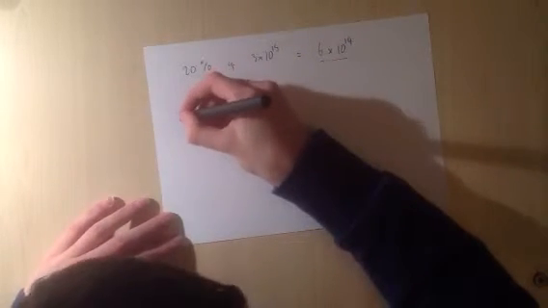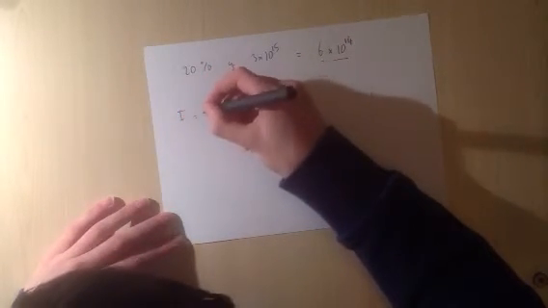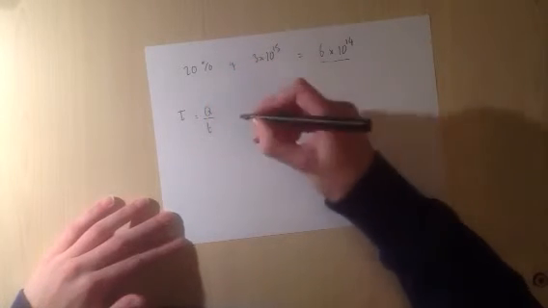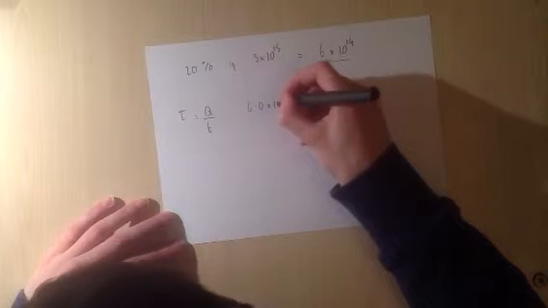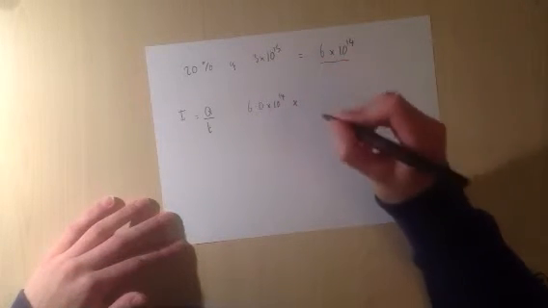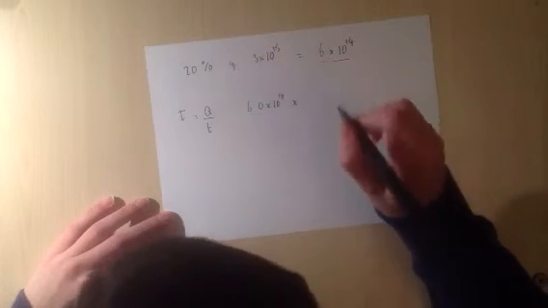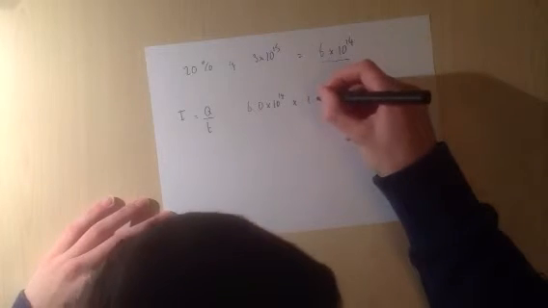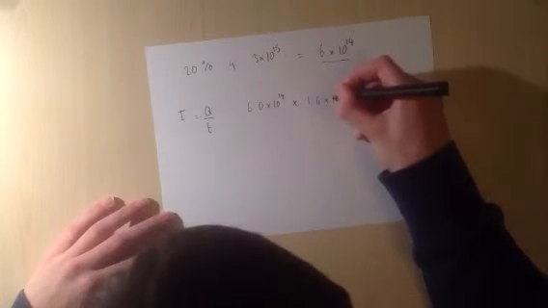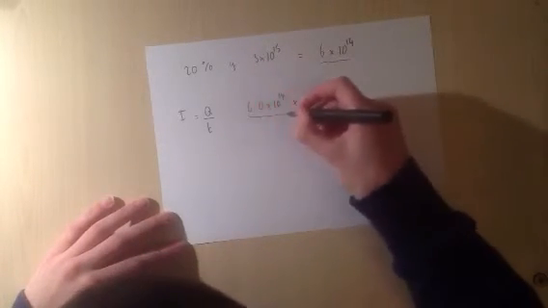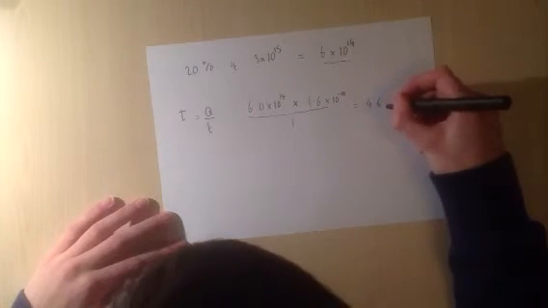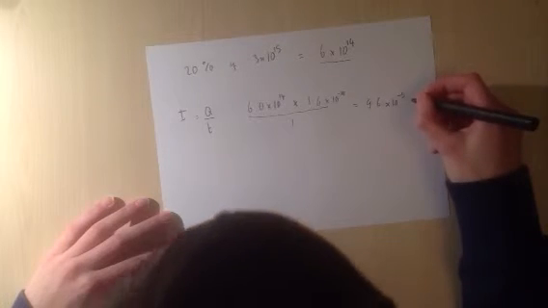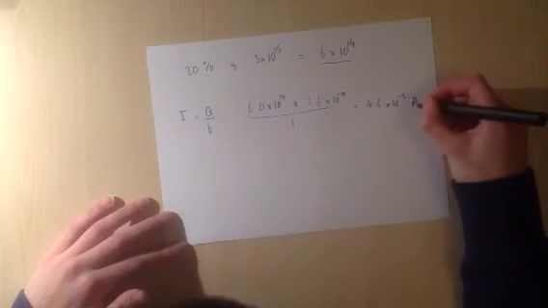So from the equation, current equals charge divided by time. The total charge will be 6.0 times 10 to the 14 times the charge of one electron, which is 1.6 times 10 to the minus 19, divided by 1 second, which equals 9.6 times 10 to the minus 5 amps.